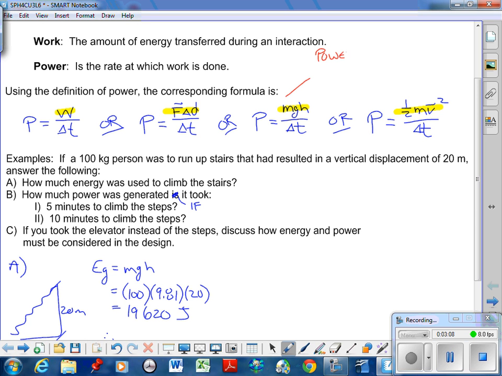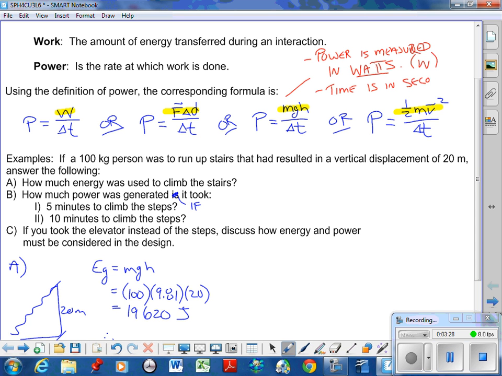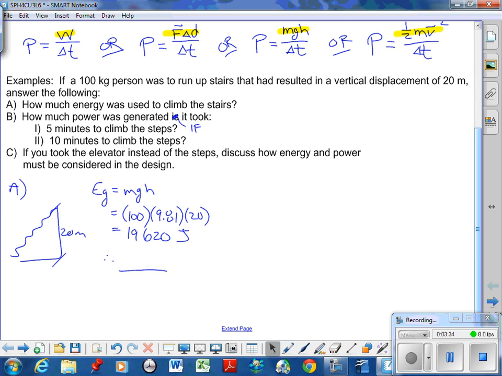Power is measured in watts, or capital W. And secondly, time has to be in seconds. All right, we need to make sure we convert to seconds. All right, so there's your catches if you're looking for what makes this hard.